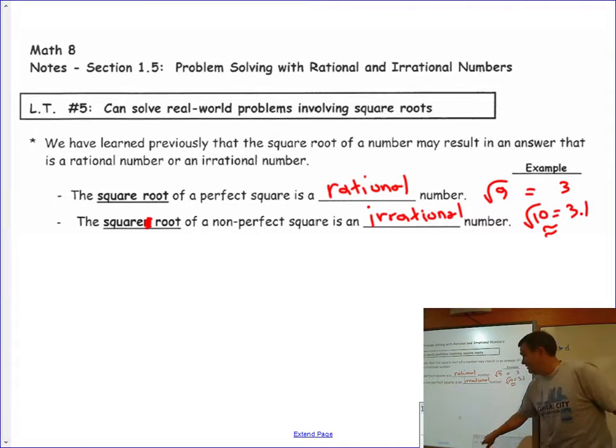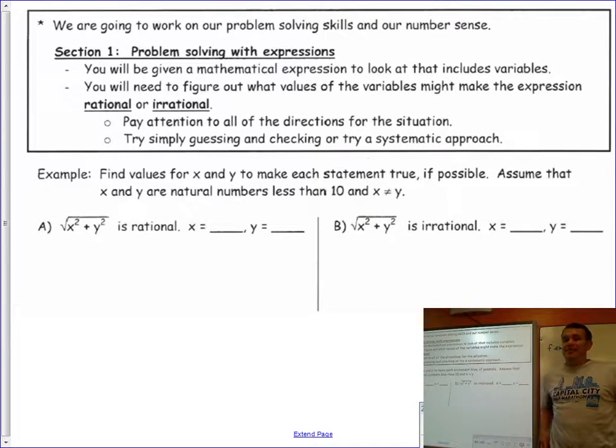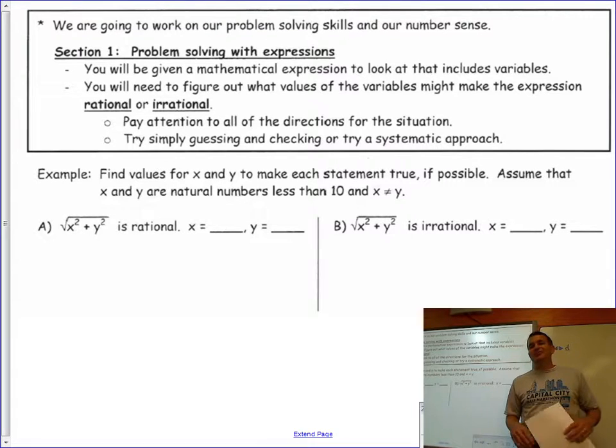All right, here we go. This first set of problems are problems where you'll be given a mathematical expression and your job is to find values of the variables that make the expression either rational or irrational.